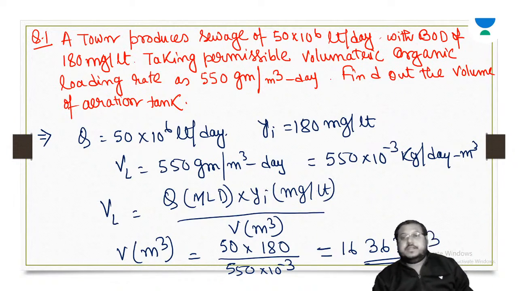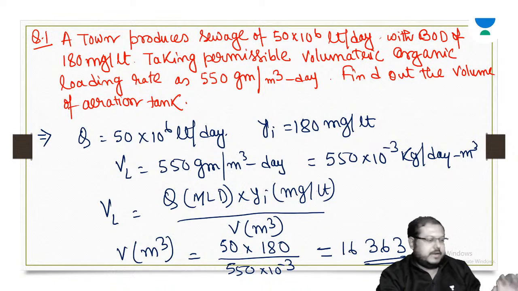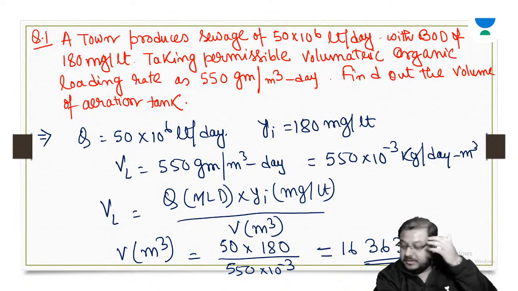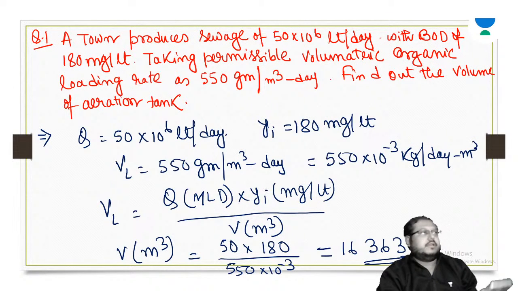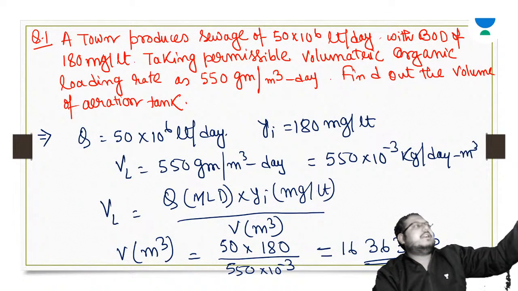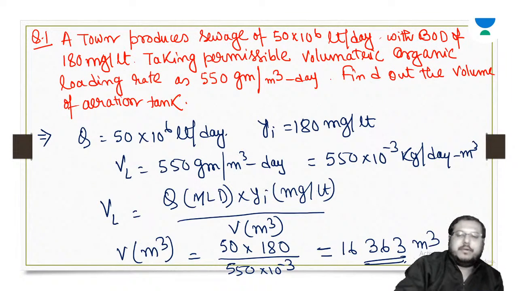In the first question, we have taken the path of volumetric loading rate. The second question, we are taking the path of F by M ratio. So the approach is different. That is important. You need to find out what is required, and you have to be very careful about that.